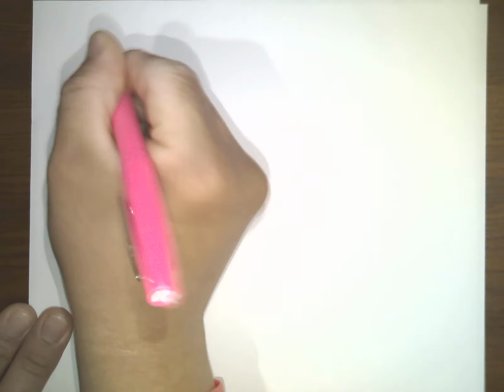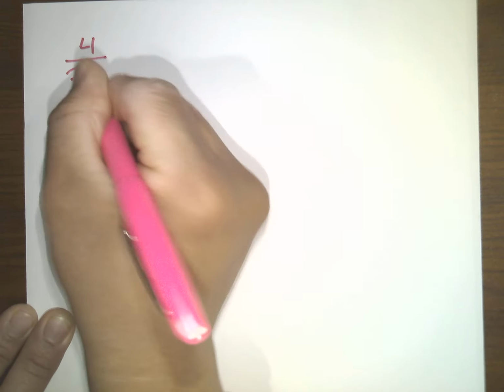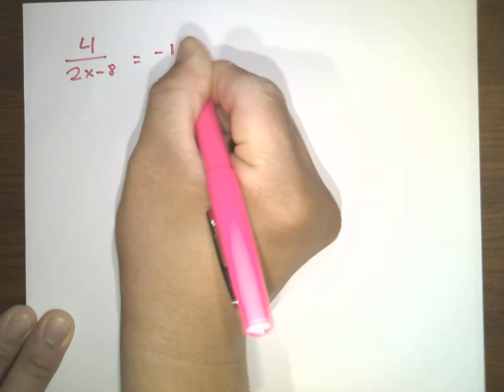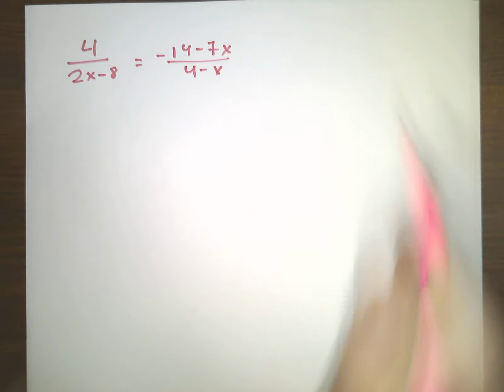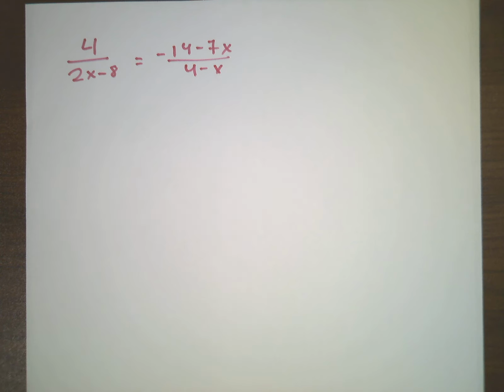All right, so now let's just look at this again, and let's say you have 4 over 2x minus 8 is equal to negative 14 minus 7x all over 4 minus x. As you can see, it took us a little bit of time to go ahead and try to solve this equation using cross multiplying.